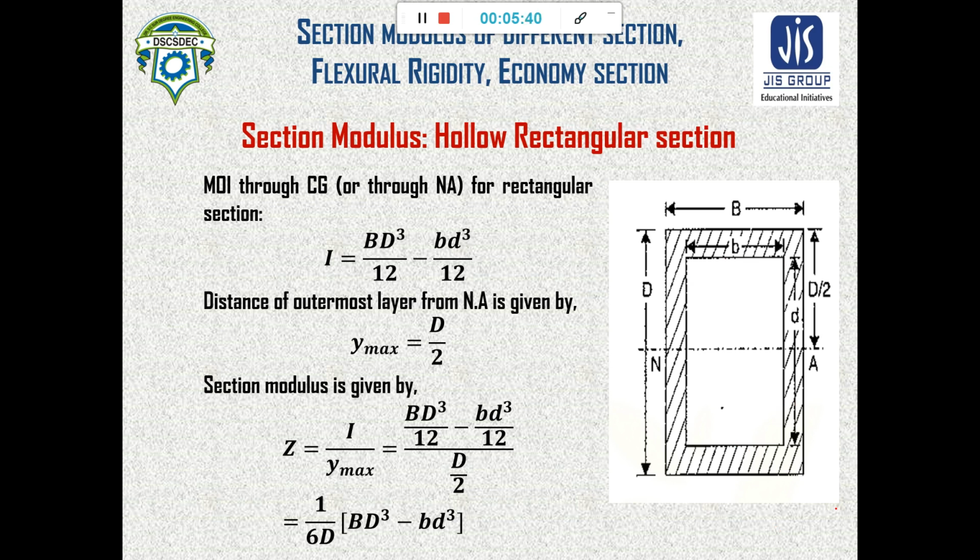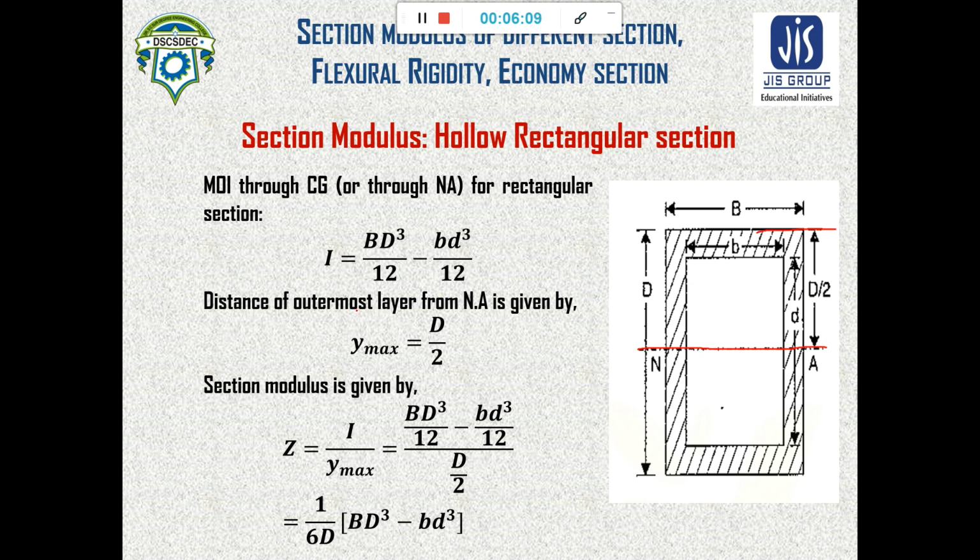Now the moment of inertia will be capital B D cube by 12 minus small b d cube by 12, and the outermost layer from this neutral axis will be at capital D by 2.